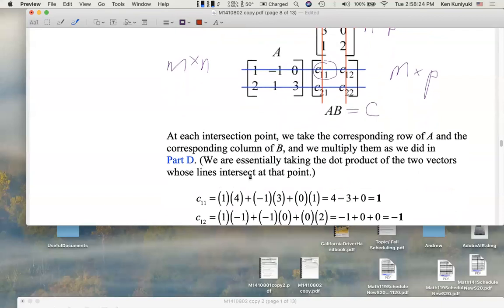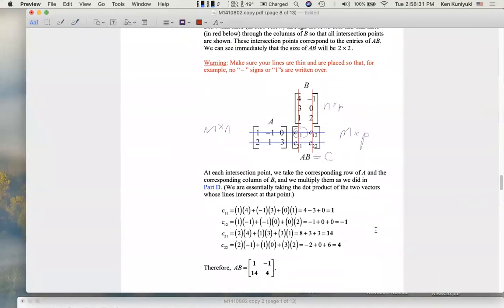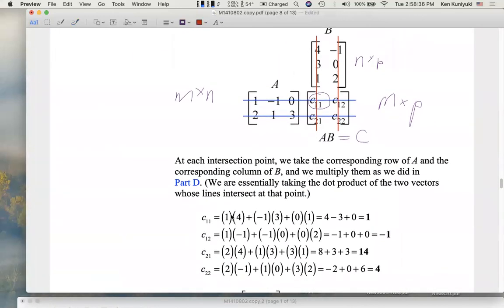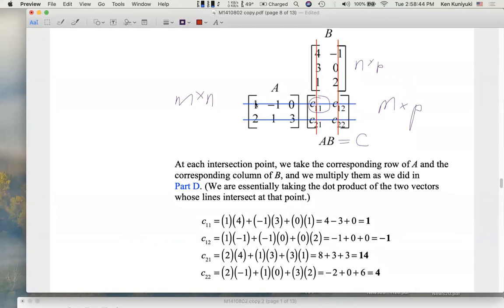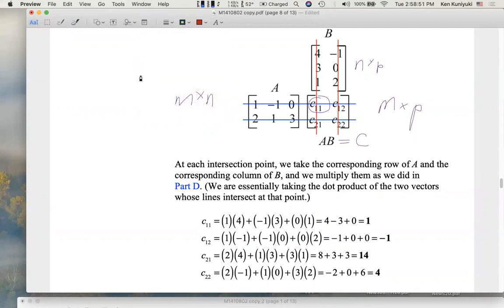All right, so then we actually take the dot products. Let's go through the rhythm. For C sub 1,1, the upper left entry, the dot product is going to be the first row times the first column: this times this, plus this times this, plus this times this.